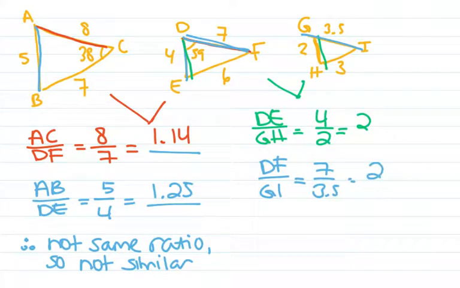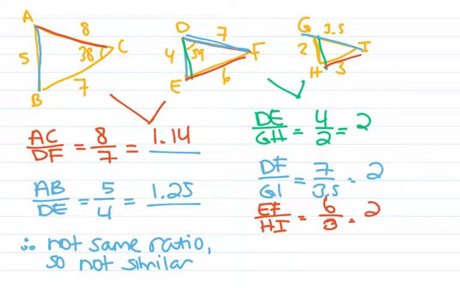So far so good. Now we need to compare the third side just to confirm. So we're going to compare EF to HI equals 6 over 3, and 6 divided by 3 is 2. So all sides are the same ratio.